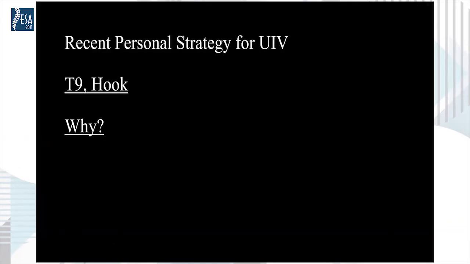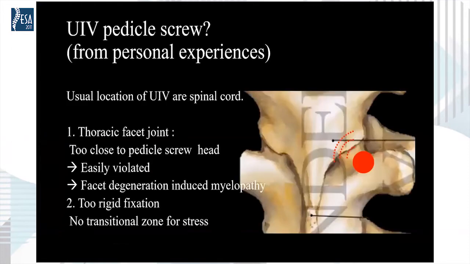Finally, my recent personal choice of UIV fixation is hook, and I will tell you the reasons. In adult spinal deformity, the usual location of UIV is the thoracic spine.